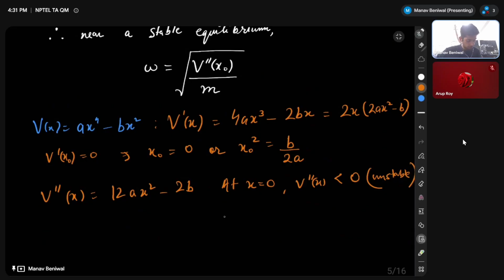Rather, if we put x squared as b over 2a, a and a will cancel. So this becomes 6b minus 2b, which is 4b. So V double prime of x is 4b, which is greater than 0. So this is stable.